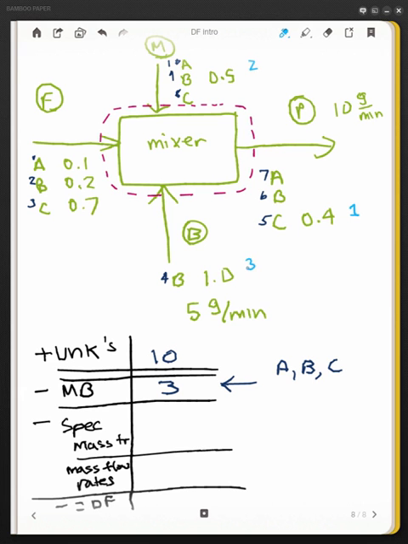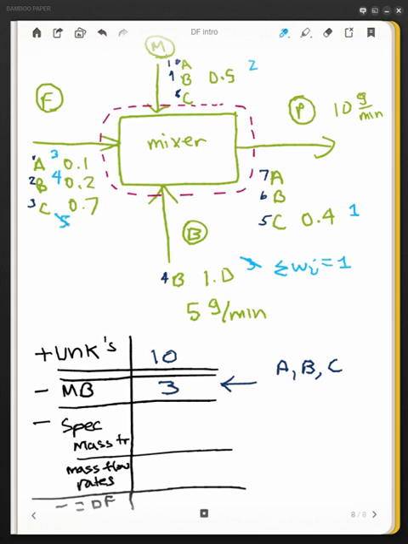Does this one count as a third? No, because we know that the sum of the mass fractions is equal to 1 in each stream, so that's not an independent piece of information. However, over here we know that A has a mass fraction of 0.1. That's our third independent piece of information. We know that B has a mass fraction of 0.2 in the stream, so that's the fourth piece of information. And C has a mass fraction of 0.7.